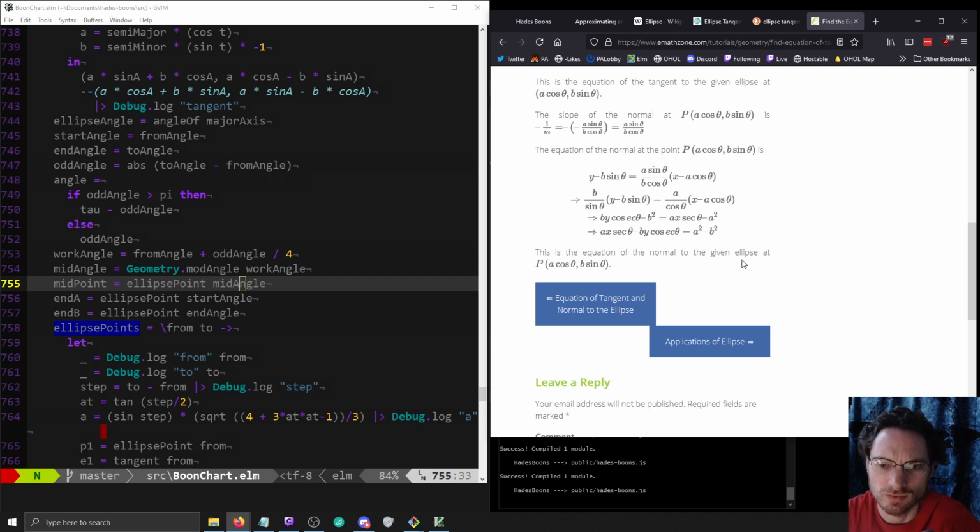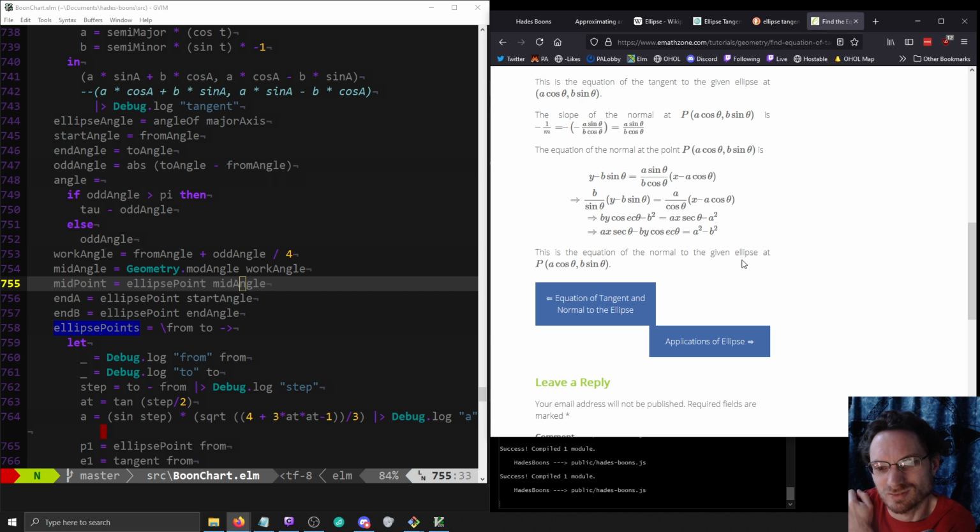We convert, we convert, we convert. Why can we drop the x and the y out in the final equation? Oh no, that's an equation. AX secant, well, we got secant and cosecant.